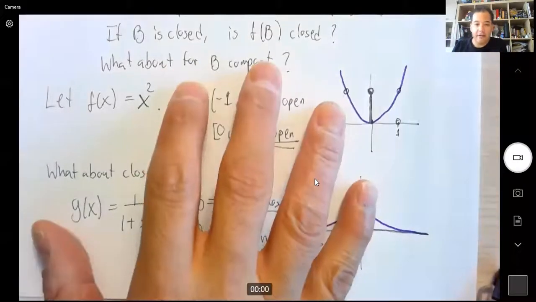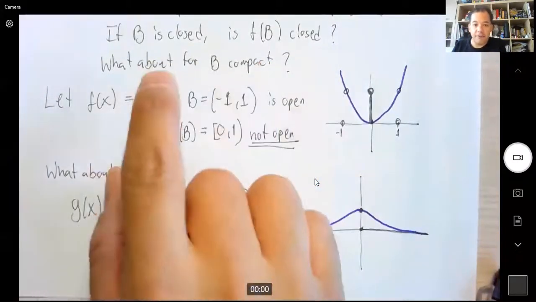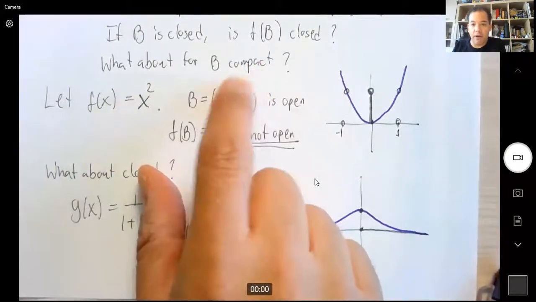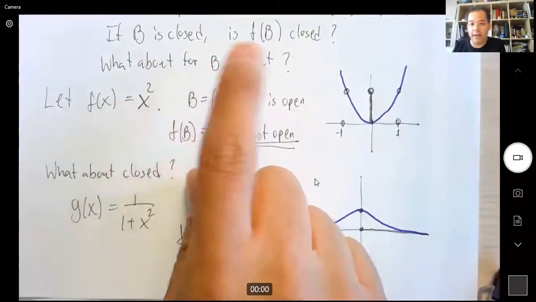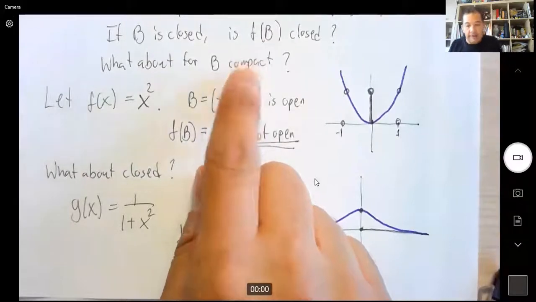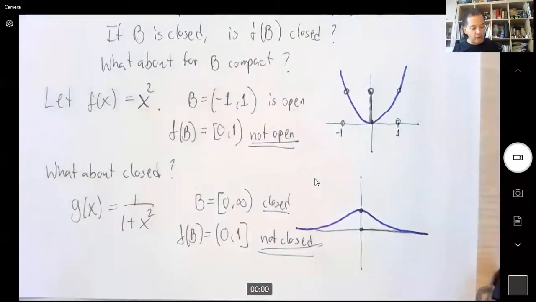So that's sad again, except that we still have one left here, right? The compact set, and that's going to be the happy story here. It turns out that this property is preserved for compact sets. So if you have a continuous function and you look at the image of a compact set, the image will be compact.